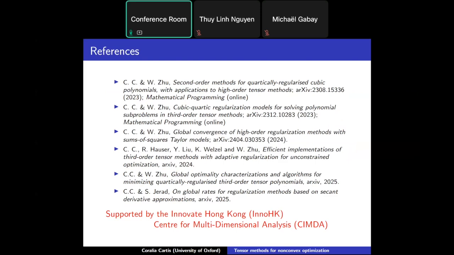A lot of the things carry over. We actually have self-contained convergence.